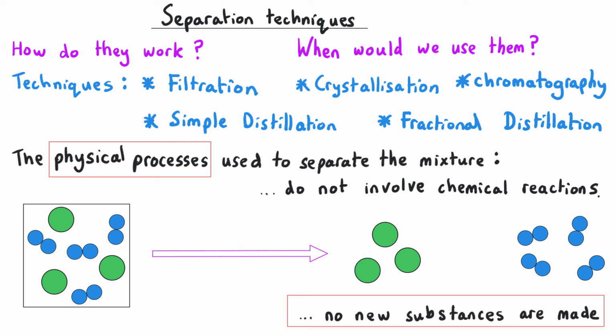So no new substances have been made. And these substances that we've separated out behave in the same way as other examples of those substances that have never been mixed together at all. They've got the same properties as all other substances of that type.